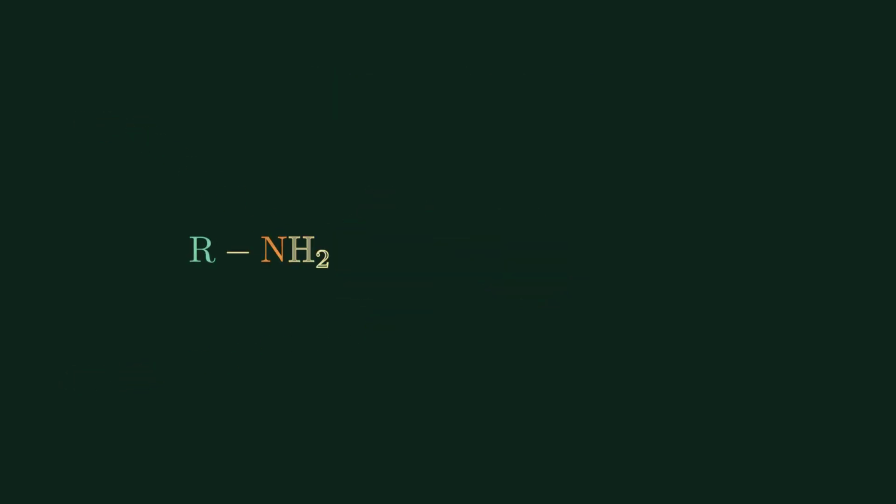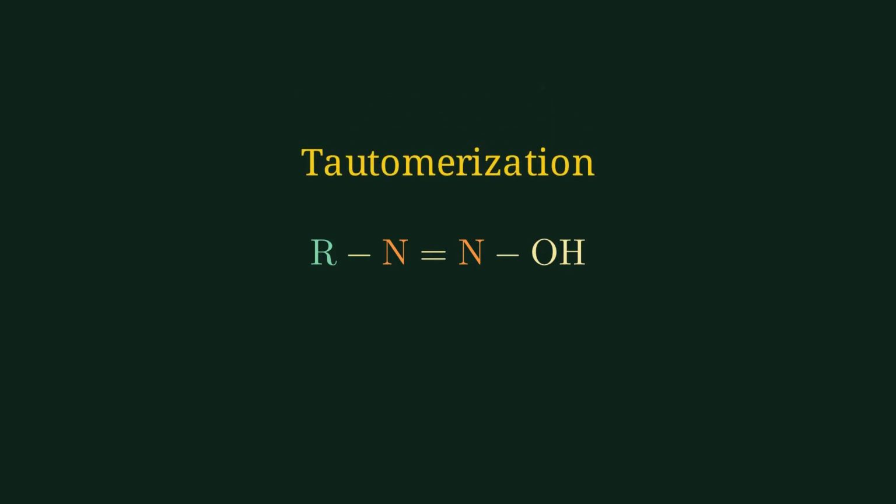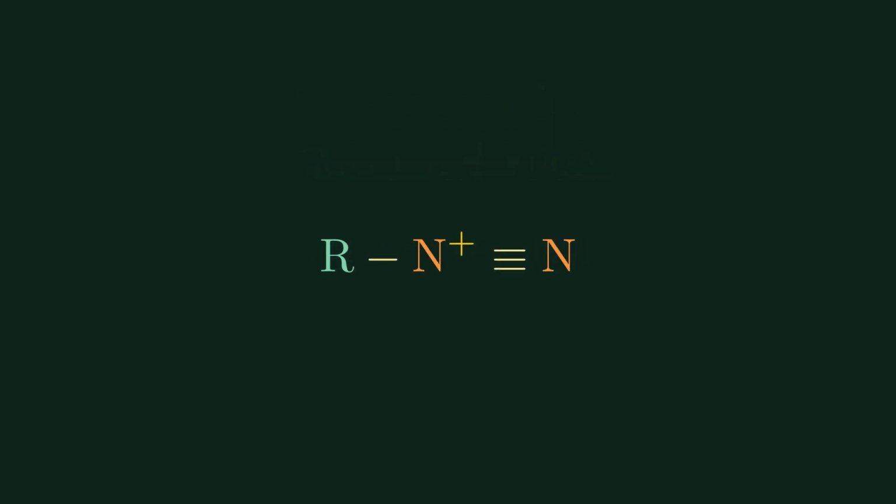When a primary aliphatic amine meets nitrous acid, things get chaotic fast. The nitrogen of the amine attacks the nitrosonium ion. Through a series of proton shifts, which we call tautomerization, it eventually forms a diazonium salt, RN2+. But aliphatic diazonium salts are incredibly unstable.